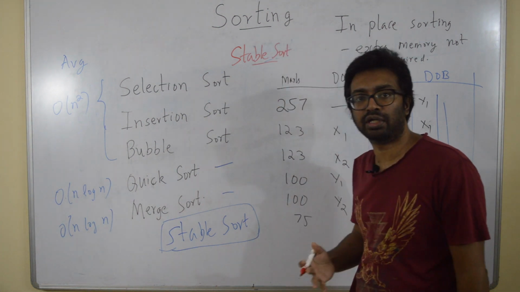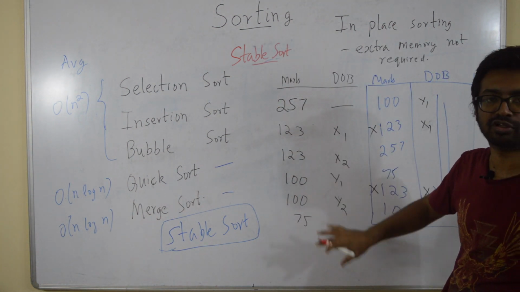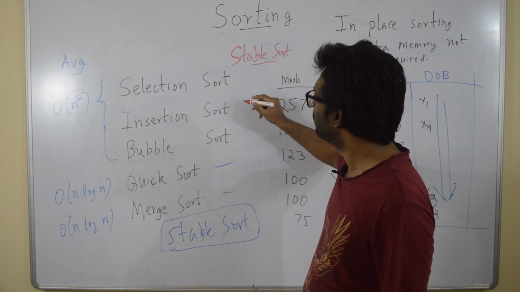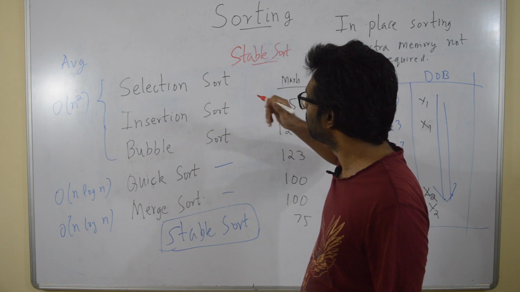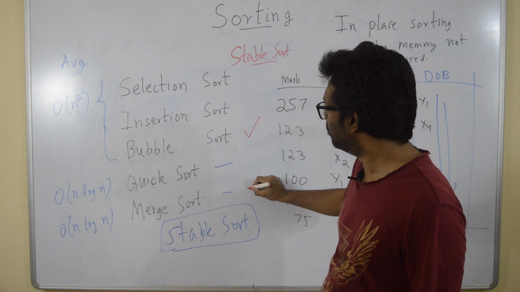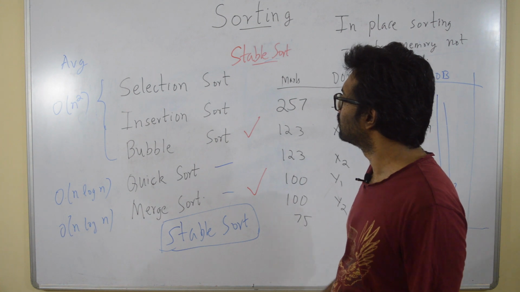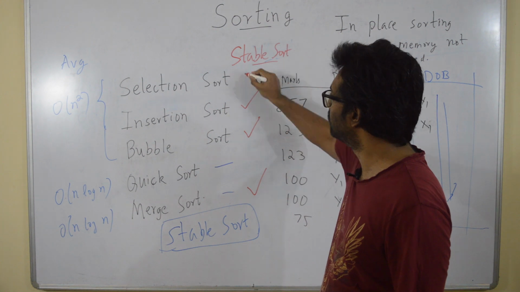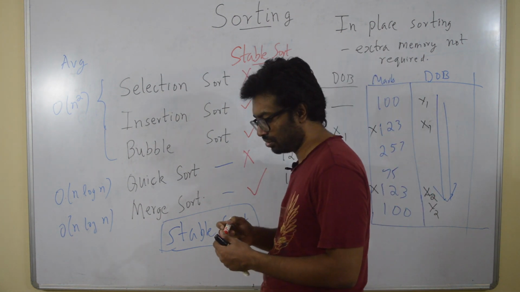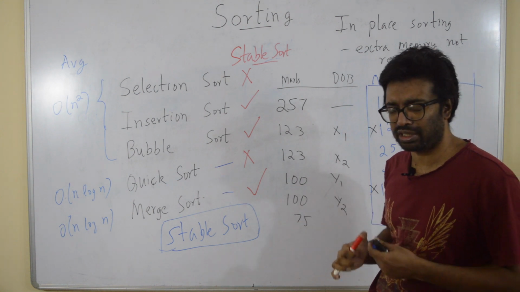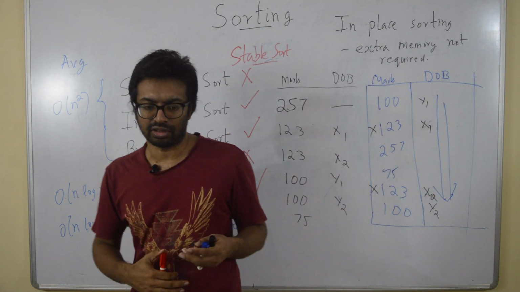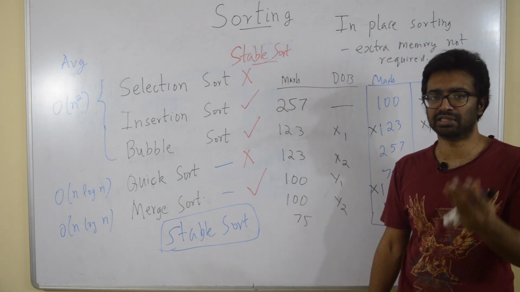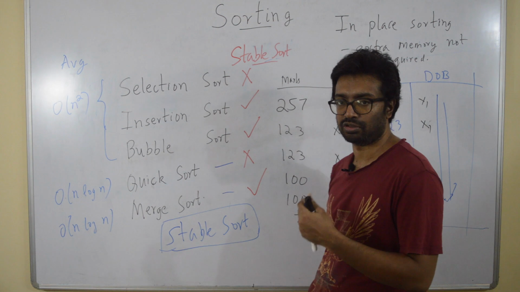A sorting algorithm which supports this kind of sorting is called a stable sorting, and you will see that bubble sort supports it, merge sort supports it, insertion sort supports it, while selection sort and quicksort do not support stable sorting. So the selection and quicksort algorithms we are going to see are not stable sorting. But they can also be modified to support stable sort.